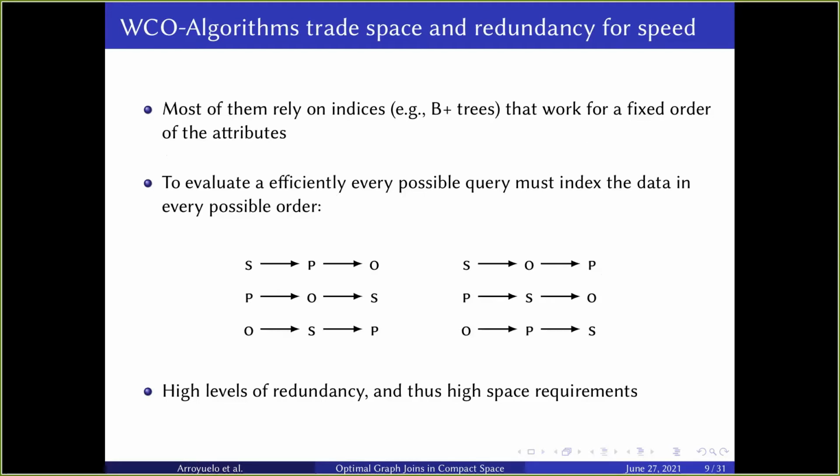And in order to evaluate every possible BGP efficiently, they need that you index all your data in every possible order of the attributes that can appear in the BGP, meaning that you have a high level of redundancy in your graph or in your database, and thus high space requirements.